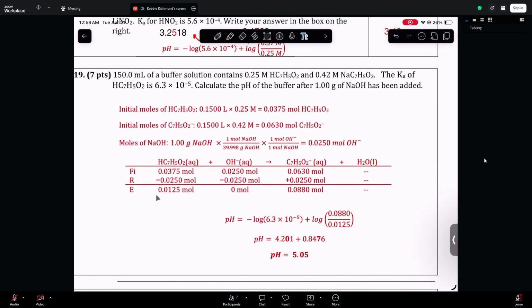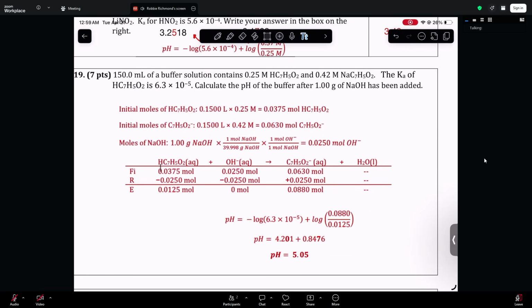So this will be a weak acid strong base titration, where if you draw out the actual reaction, it will go to full completion because this is strong. So the ICE table, that's what you'll have to use.